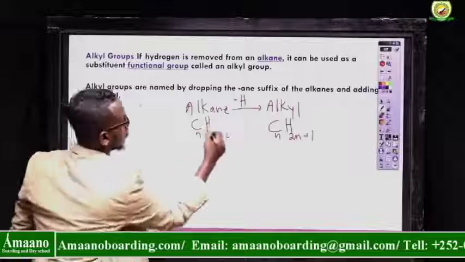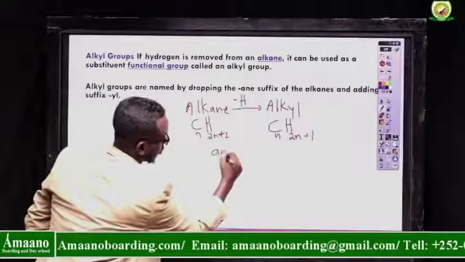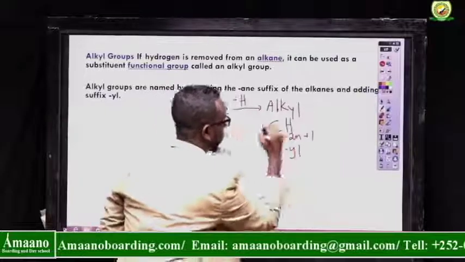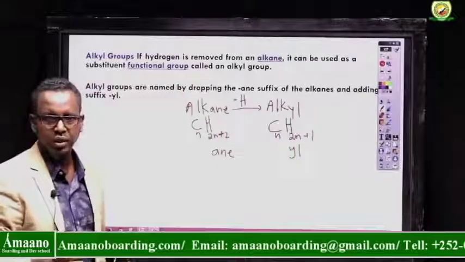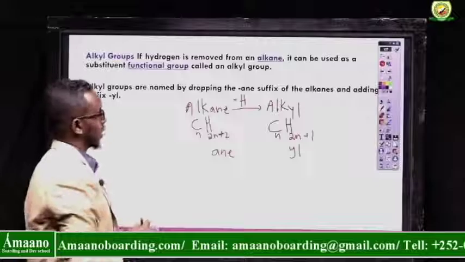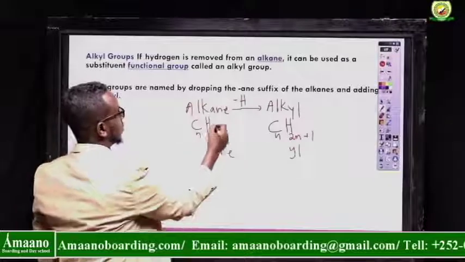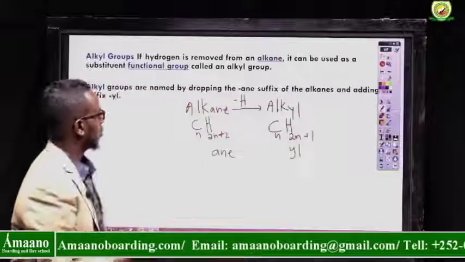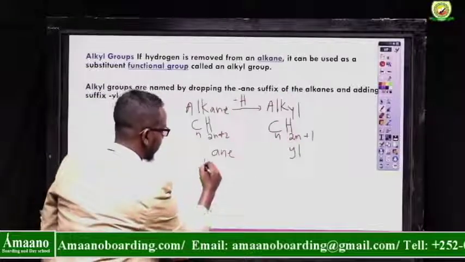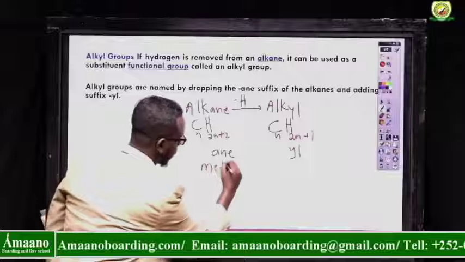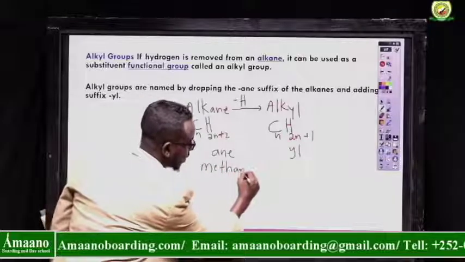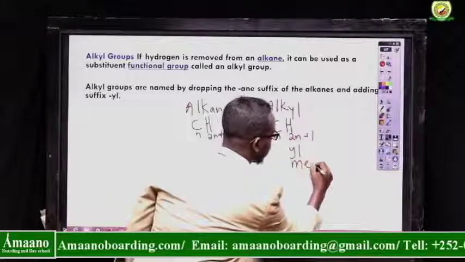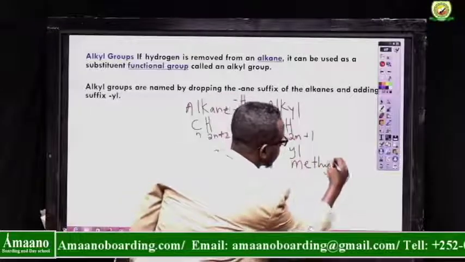You see, the suffix of alkane is ane. The suffix of alkyl is yl. Are we together? yl. So this is a natural family, but these are derivatives. For example, number 1 of alkane is methane, so here it is supposed to be methyl.